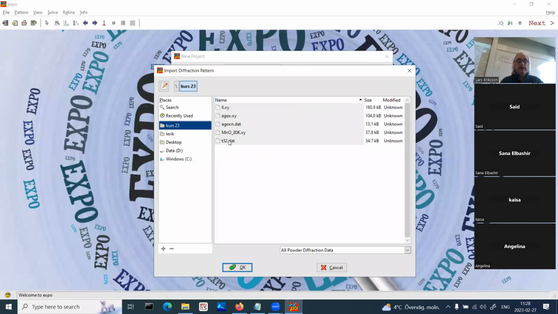Then the .dat file is one of the known types to EXPO. But it's not one of the known types to HiScore, unfortunately. And also the ASC file is not one of the known files to EXPO, but to HiScore. And until one realizes that, there are plenty of problems.